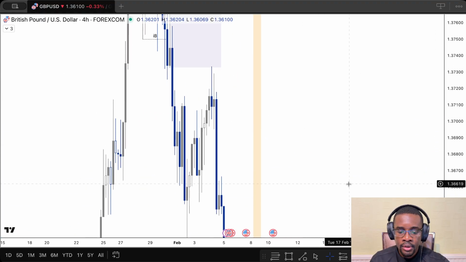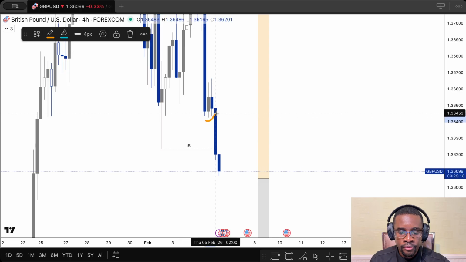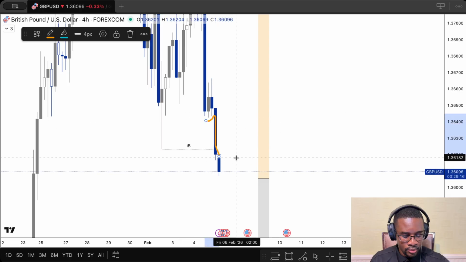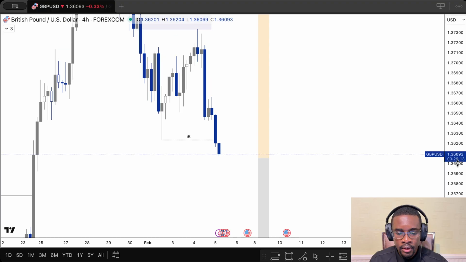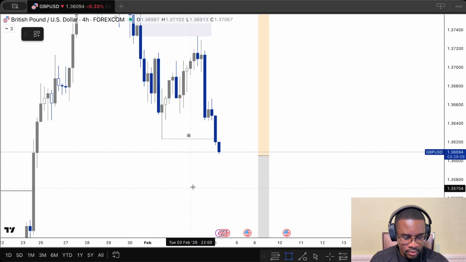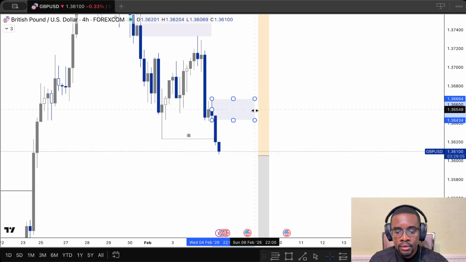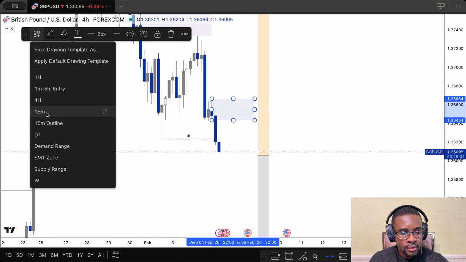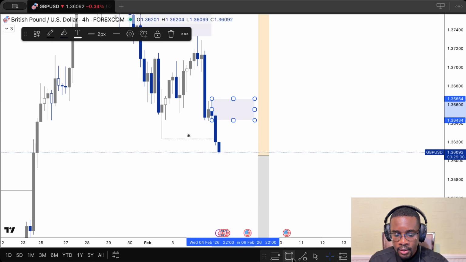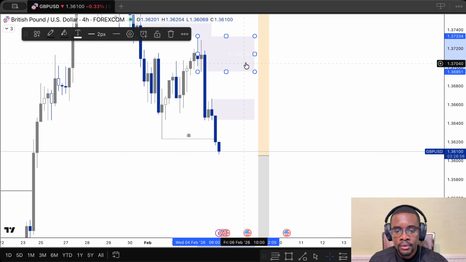As you can see, this low is higher than that, so we have a fractal pullback and then that continuation. So that makes that a supply area. Okay, so that's supply for the 4 hour, and then we have this supply right there.